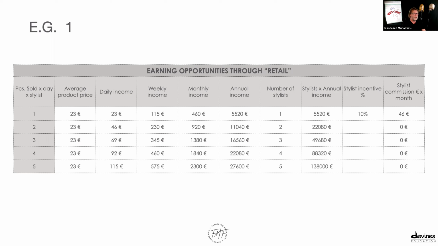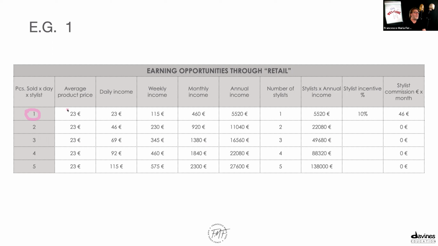So basically, as you can see, we do have here the number of pieces, products sold every day. We can put it for each stylist, okay? I just made an example from 1 to 5. It can be even more, absolutely, yes.